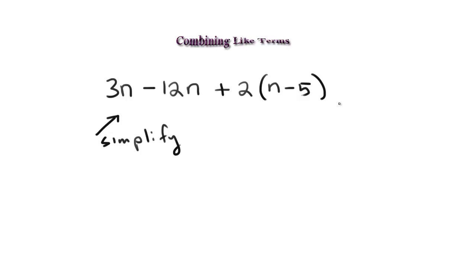Alright, so let's do that and see what happens. So 2 times n will give me 2n, and that's a positive 2n, right? It's a positive here. And then do the same thing with the negative 5, since this is a positive and a negative, and that is going to become a negative 10.